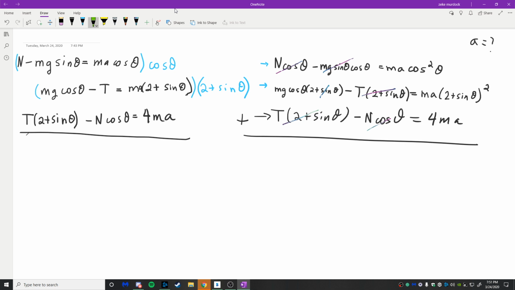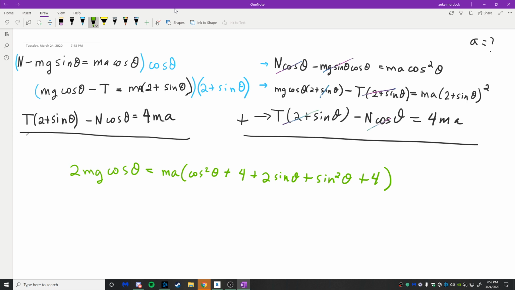mg cos theta equals MA, MA, MA. Every single one of these terms has an MA in it, okay? So it's MA times cosine squared plus this term, which is going to be 4 plus 2 sine theta plus sine squared theta plus 4.